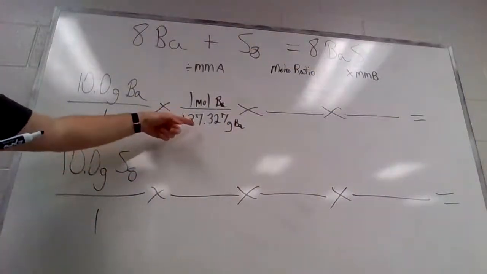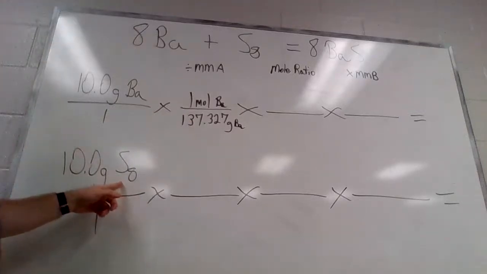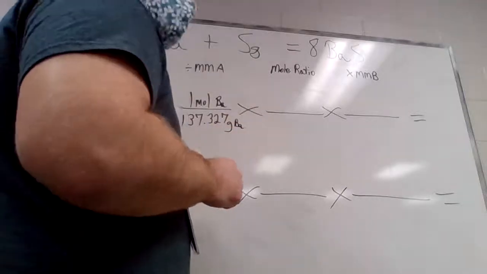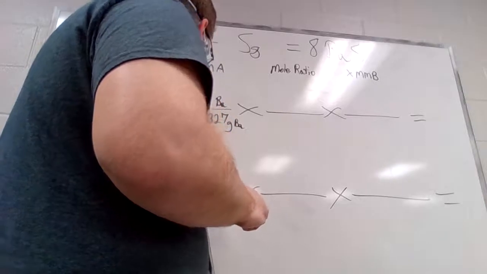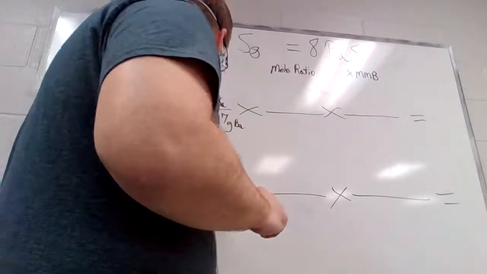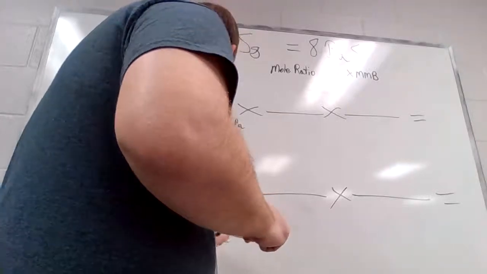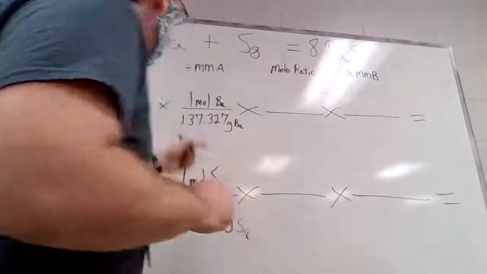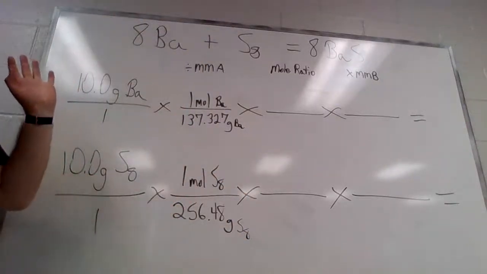I'm dividing by my molar mass. I'm going to do the same thing for S8. So what's 1 sulfur times 8? Because I got to use my formula here. What's the weight of a sulfur times 8? 256.48 grams of S8, and this will be for 1 mole of S8. So now I've divided by my molar mass of chemical A. I'm done with my first part.